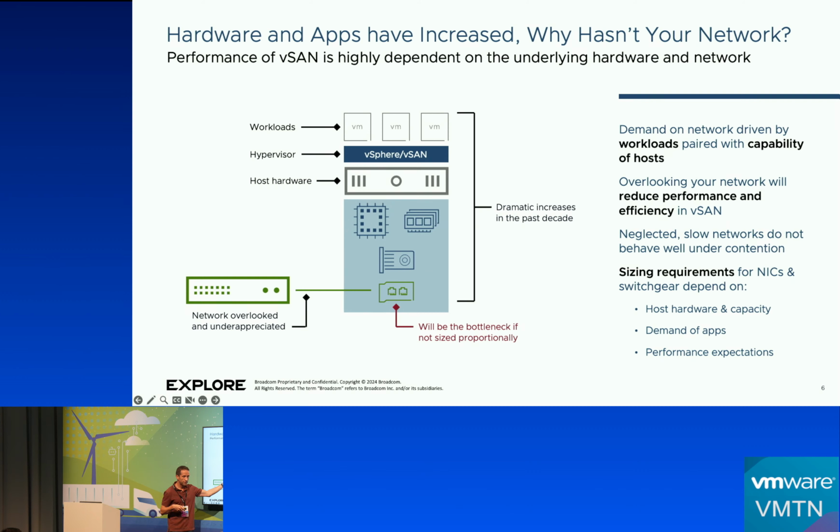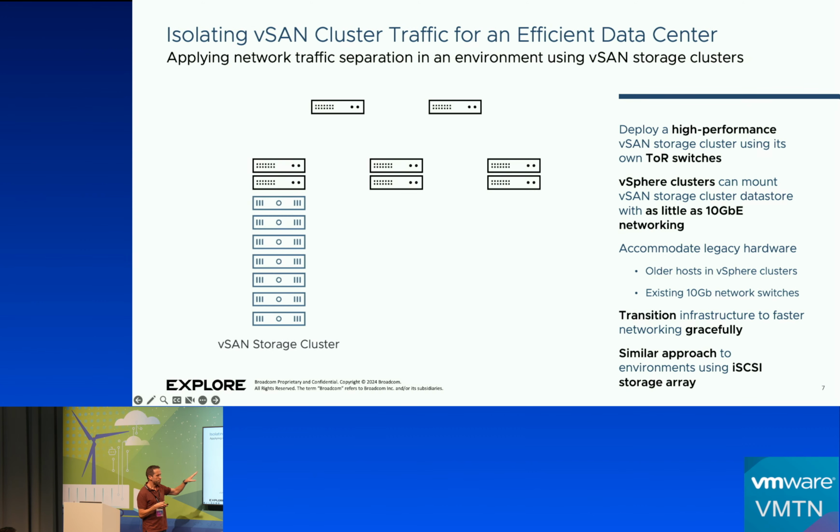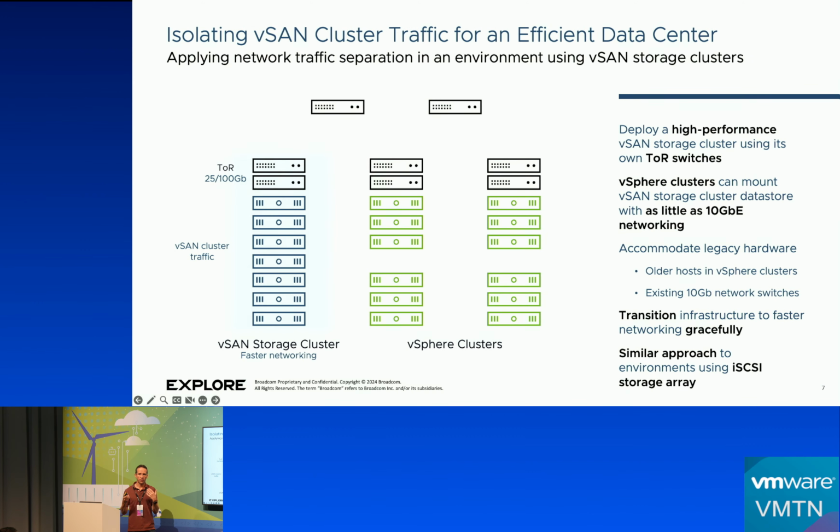You have even much faster host-based networking, and maybe higher demands, higher requirements on those VMs. But if you ignore this part, it's really not going to be good for you. So I would encourage you, when we think about the costs and the overall solution, just be mindful of that.